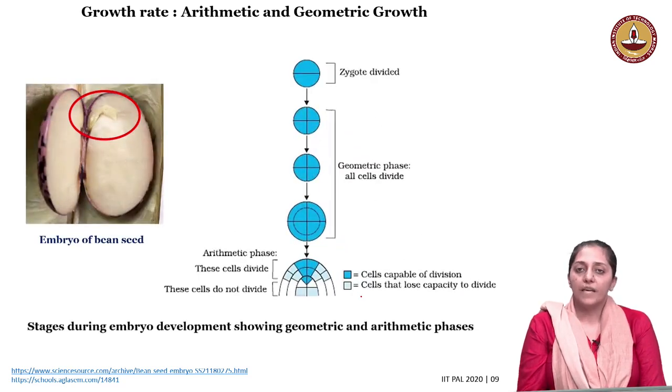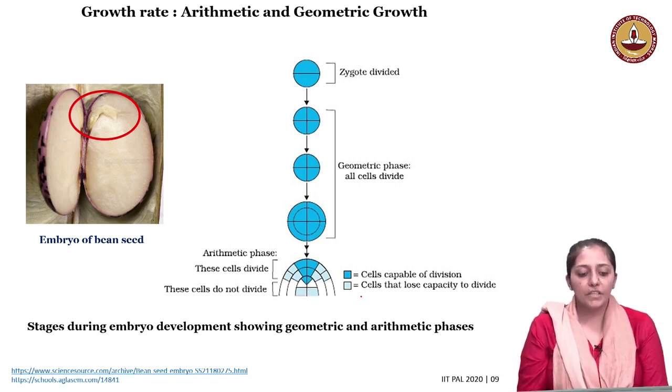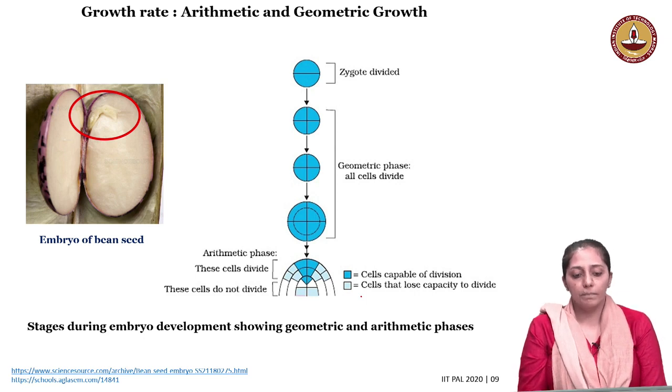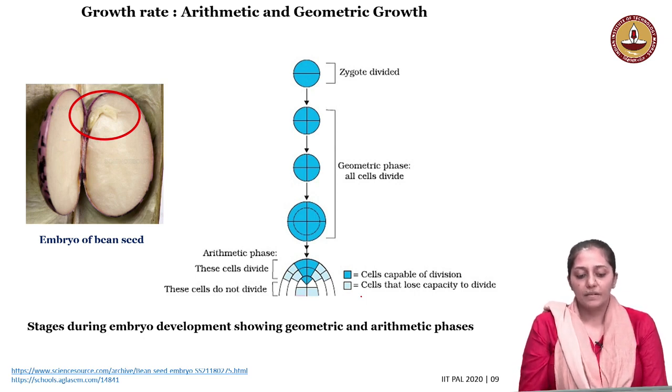Now, we have come to know what arithmetic growth and geometric growth are. Here we have stated an example where one can see both arithmetic and geometrical growth patterns during plant growth and development. The picture shows the embryo of a bean seed, and during the embryo development phases, it begins with the zygote dividing using a geometrical growth pattern, and keeps dividing.